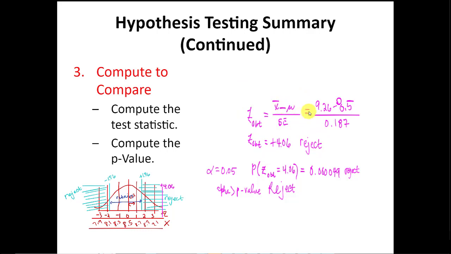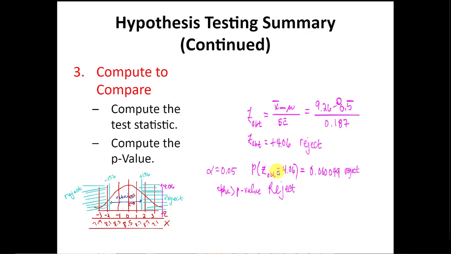So for my sample mean, I plugged in 9.26. From that, I subtracted the population mean, which was 8.5. And once I found that difference, I divided it by the non-rounded standard error of 0.187. At that point, I found that my Z obtained was positive 4.06. That was in the area of rejection, so I went ahead and rejected.